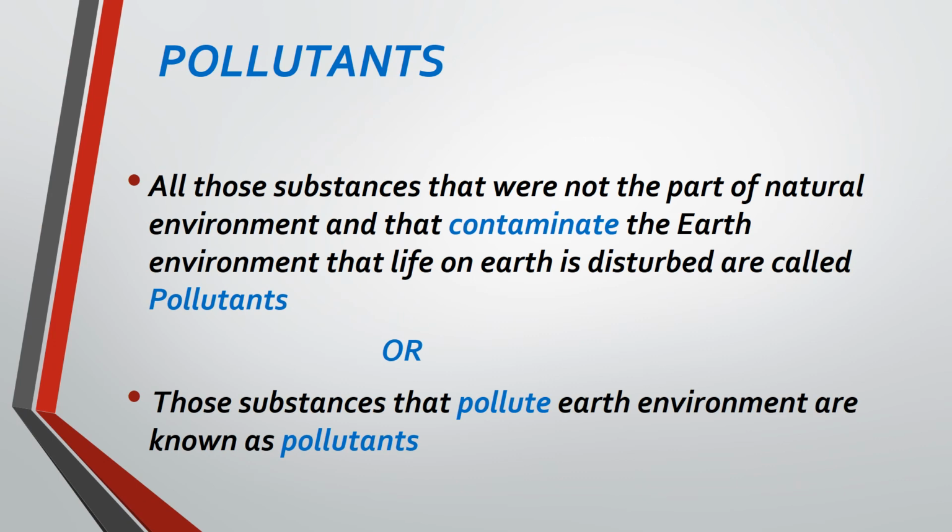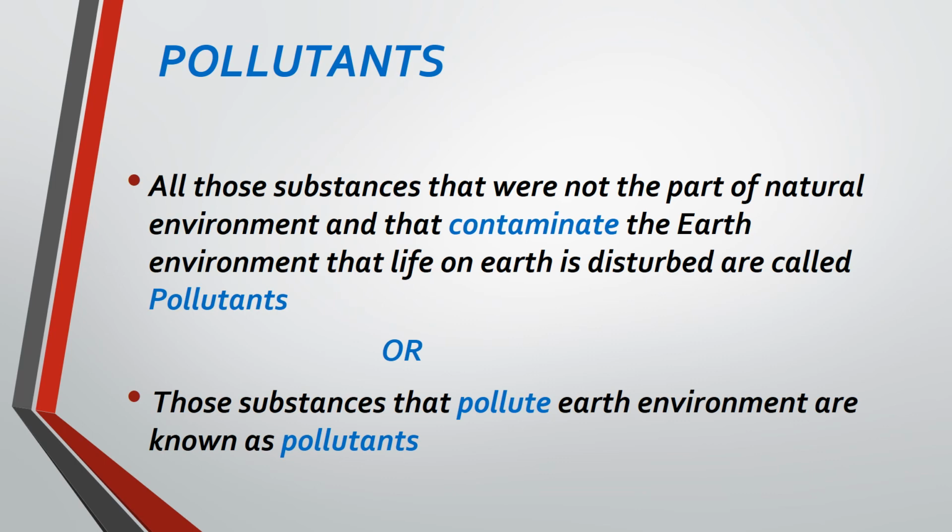Pollutants, what actually pollutants are: all those substances that were not part of our natural environment and that contaminate the earth environment so that life on earth is disturbed are called pollutants.